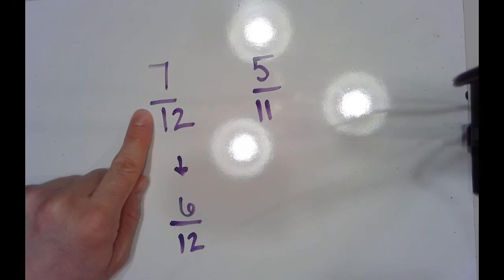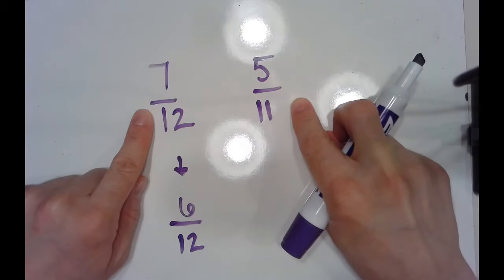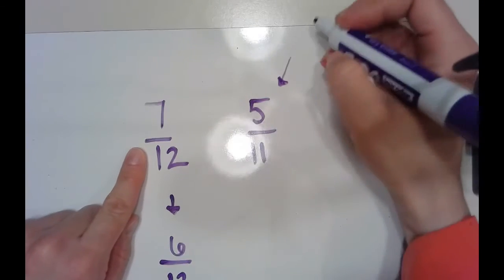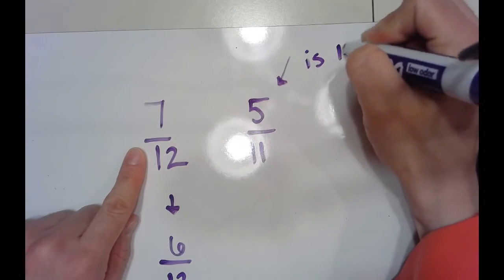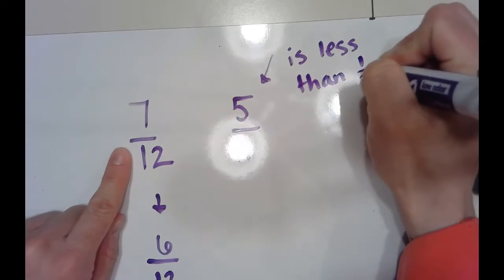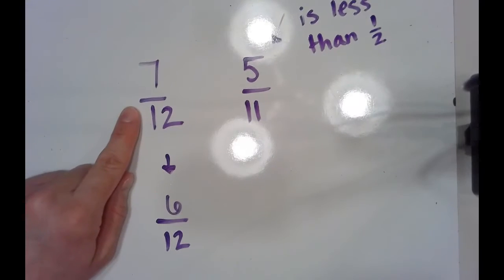And I think now you should be able to compare these two fractions, because remember, we already know that 5/11 is less than 1/2, because we learned that in the previous problem.